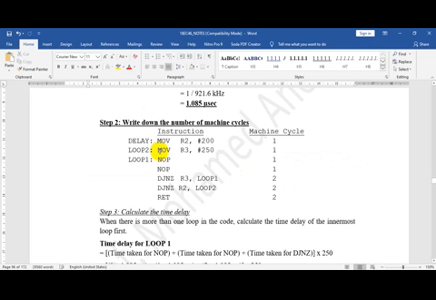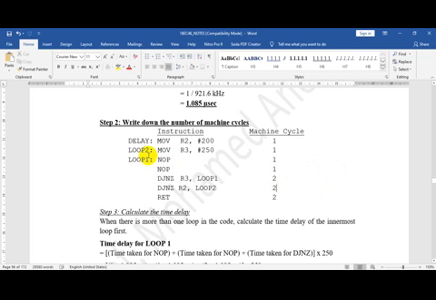After this we will calculate the time taken by loop 2. What will be the time taken by loop 2? The time taken by MOV R3, #250 plus, now listen here, we have already calculated the time taken by loop 1.